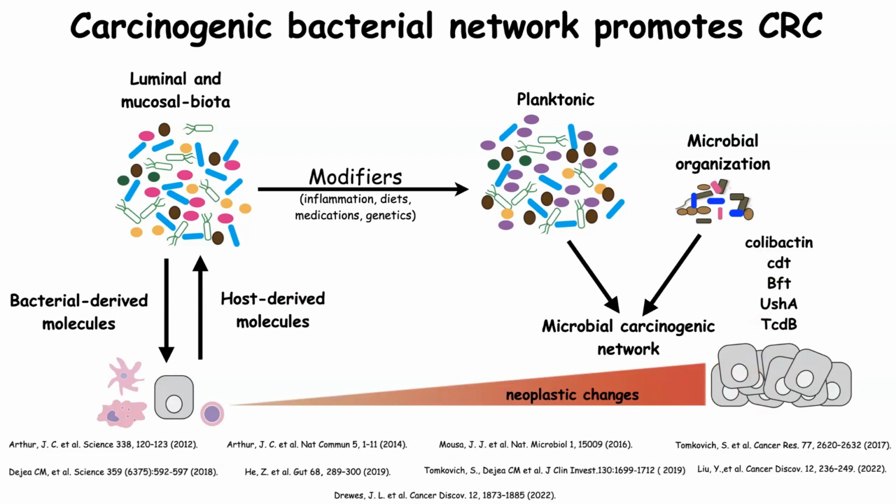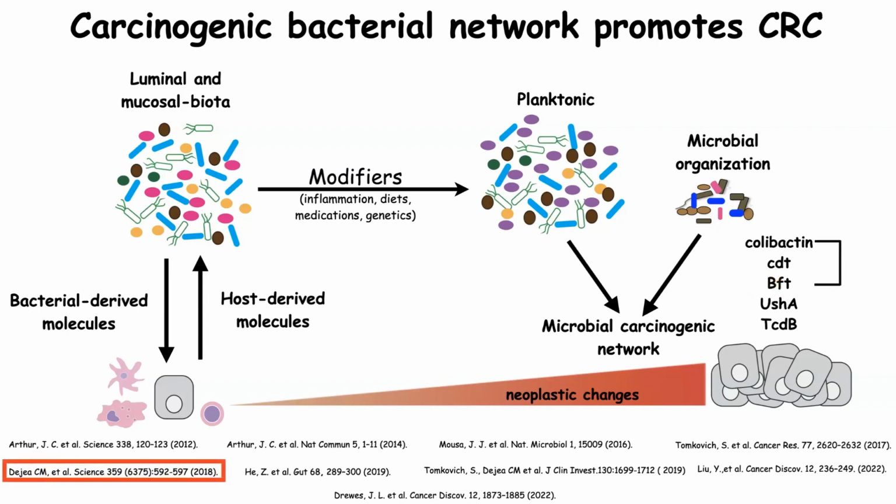And many papers have supported this in the development of colorectal cancer, for example. Now, these toxins sometimes coexist. For example, patients with familial adenomatous polyposis (FAP), a genetic colorectal cancer, have the presence of colibactin and B. fragilis toxin.